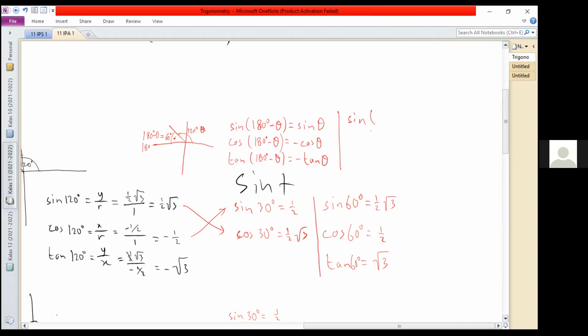So for example, 120 is 90 plus 30 degrees.